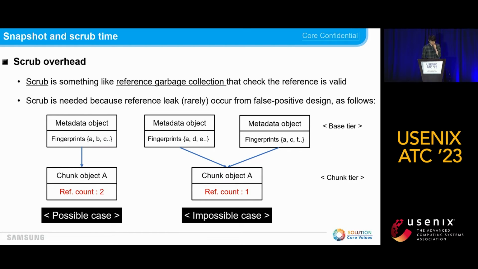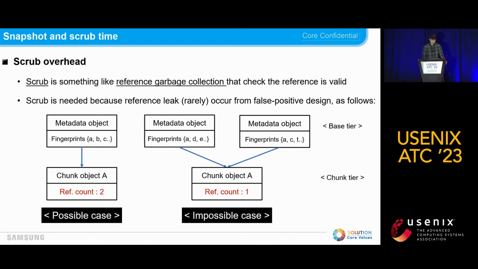Another problem is scrub. Scrub is a kind of reference garbage collection that periodically checks that the chunk is valid. In the prior work, a reference leak can rarely occur because it adds the chunk reference synchronously, but it does not check completion of chunk deletion. This is based on a fail-safe position of the design.